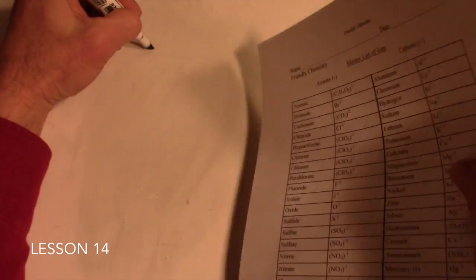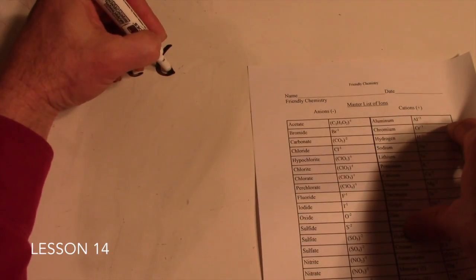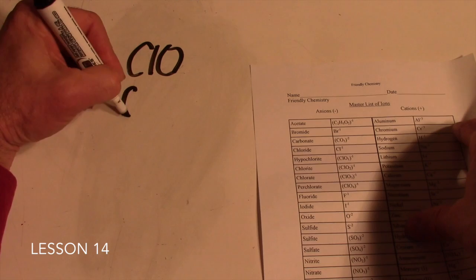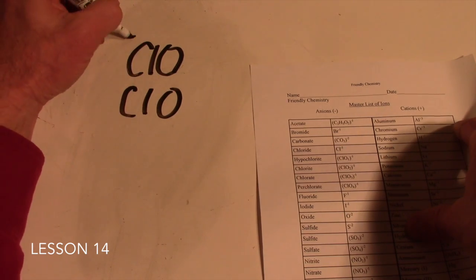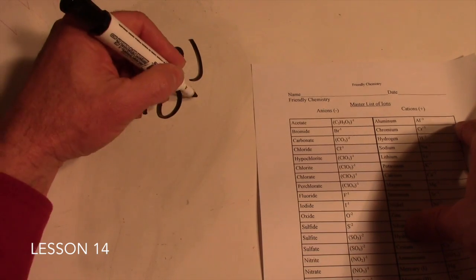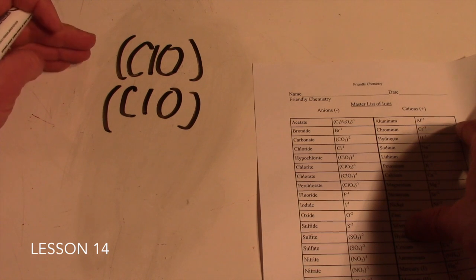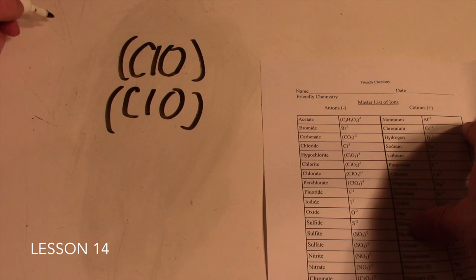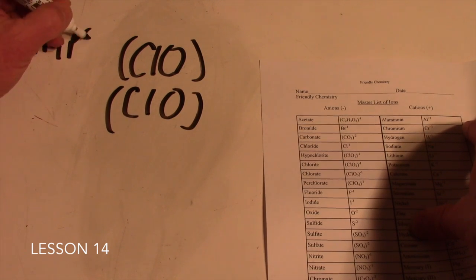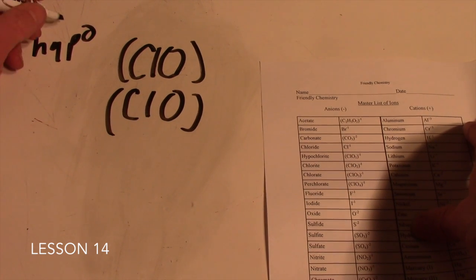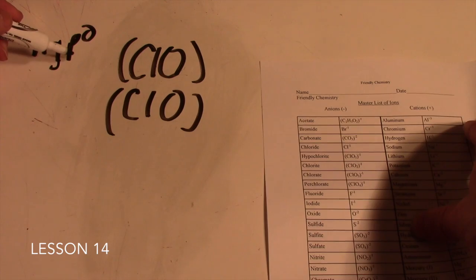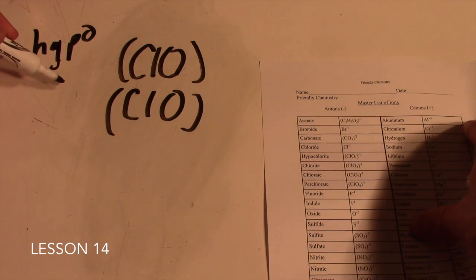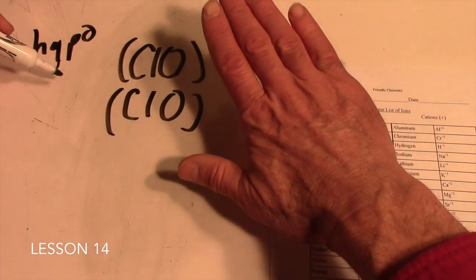Okay, so we're going to look here. We've got ClO and ClO, and we're going to use our parentheses again. So we've got hypochlorite and just plain chlorite. Now the prefix hypo, if you're familiar with the term hypothermia, means low temperatures, or a hypodermic needle is one that goes under the skin.